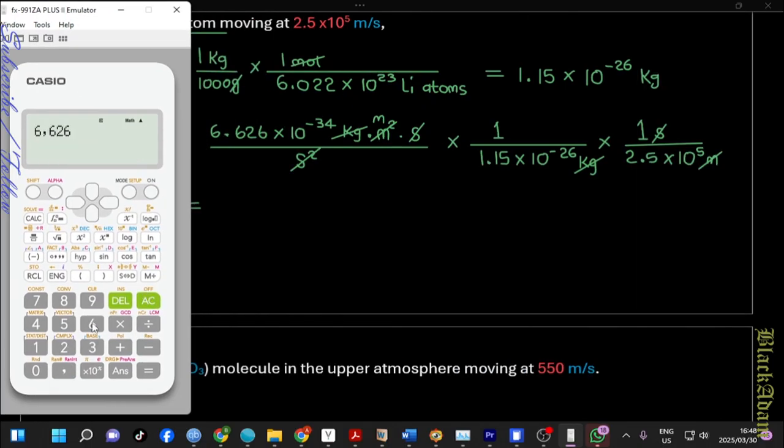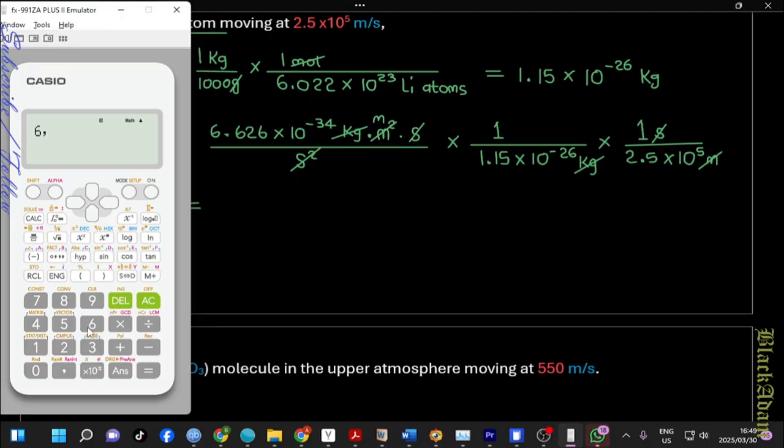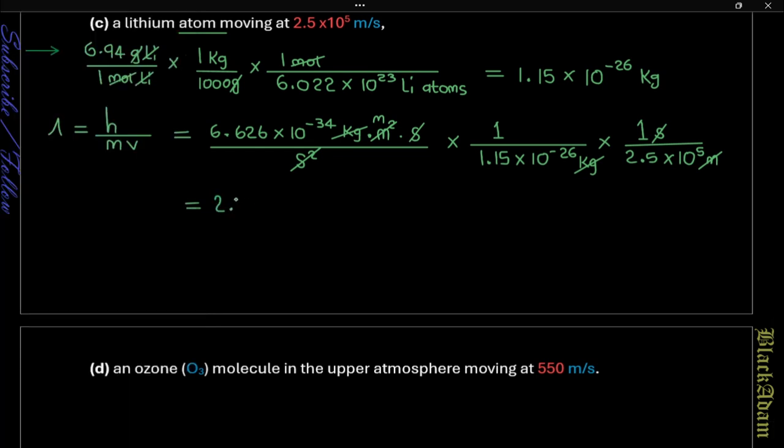So we simplify that: 6.626 multiplied by 10 to the power negative 34, all divided by the product of 1.15 multiplied by 10 to the power negative 26 multiplied by 2.5 multiplied by 10 to the power 5. Let's redo it. All that gives us 2.3 times 10 to the power negative 13.